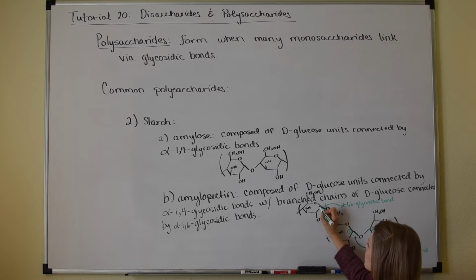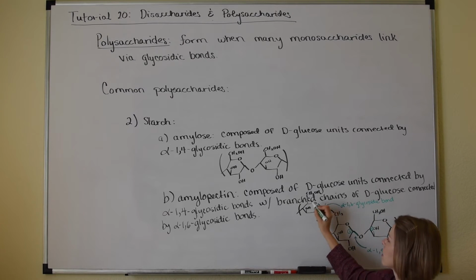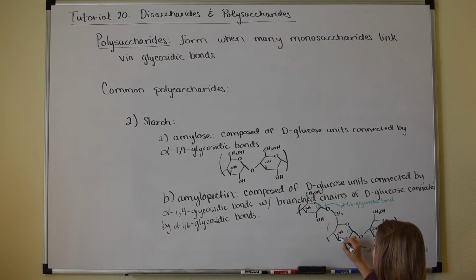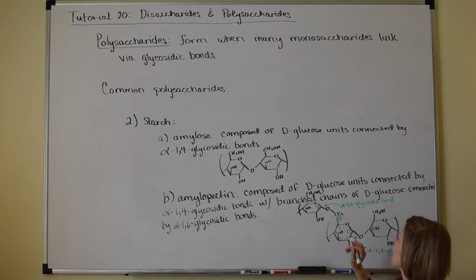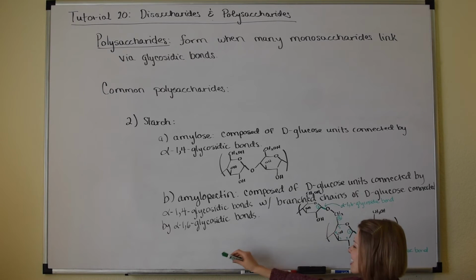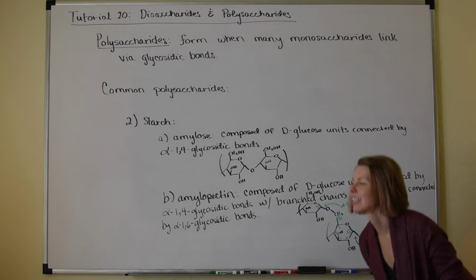And 1,6 because it's connecting the 1 position of this glucose branch to the 6 position of this other glucose unit. Okay. Again, drawn a lot nicer in your notes.